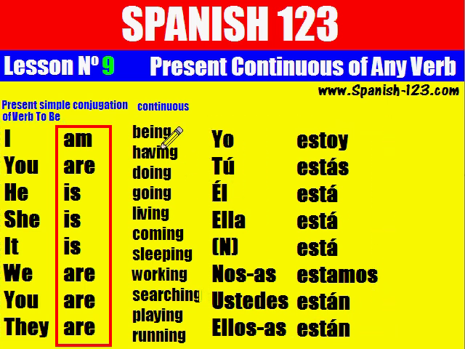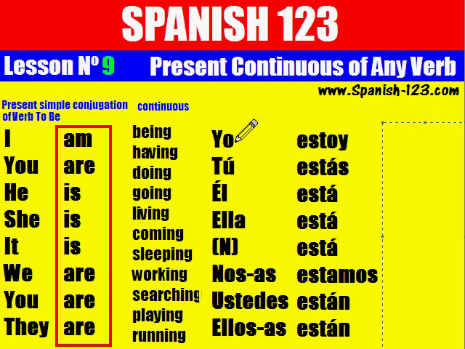Perfect. And here you have a list of continuous forms in English. Being, from verb to be, having, to have, doing, to do, going, to go, and so on. So what you have to do here is learn the continuous forms in Spanish, and that is what you are going to learn right now.